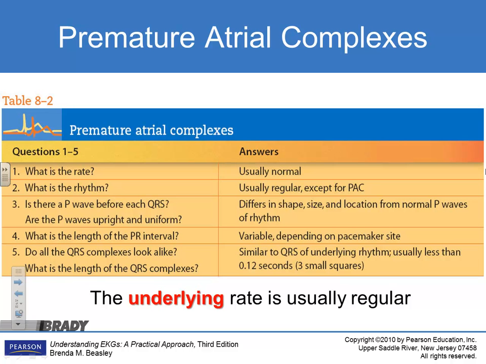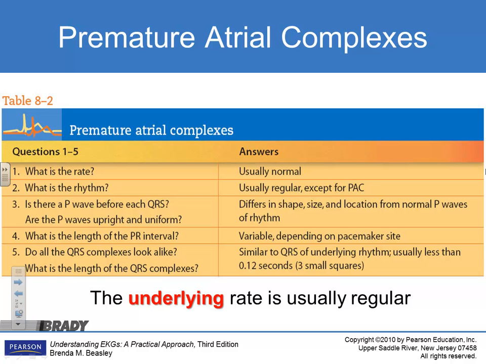When you look at a PAC, the rate is usually normal, the normal limits for a sinus rhythm. It's usually regular, except it may have one of these ectopic beats. You usually don't see a lot of them with PACs. You're not going to get a bunch of PACs in a row. The P waves are going to look a little bit different than your normal P waves.